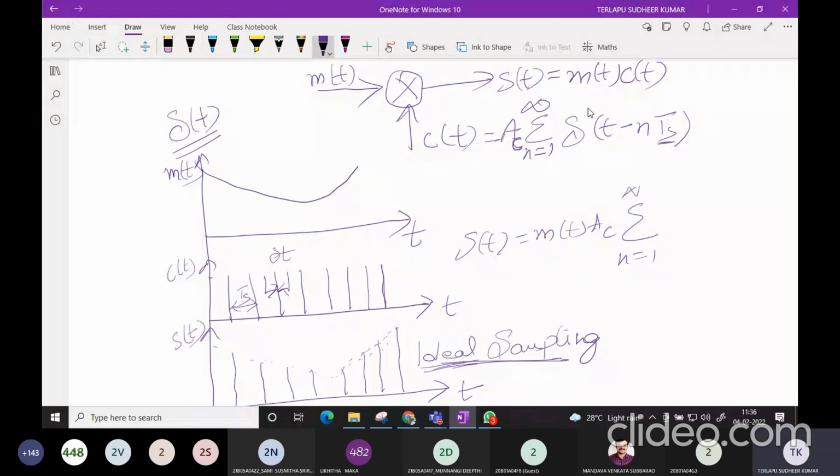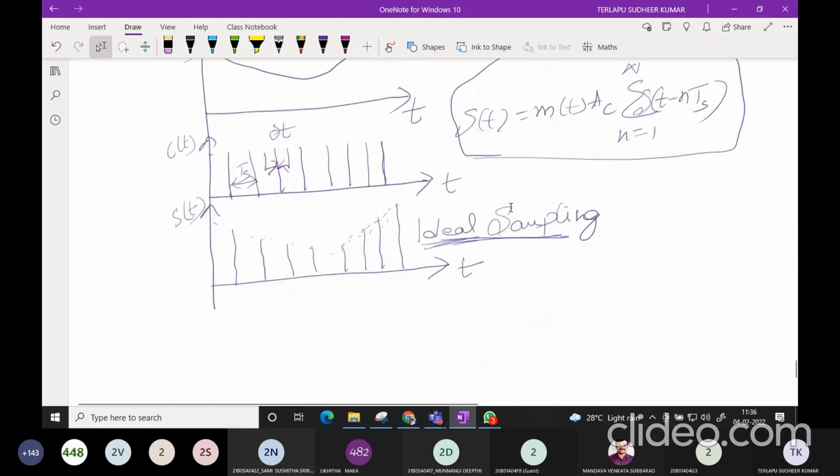I am simply multiplying M of t into C of t, where C of t is already defined as Ac sigma n running from 1 to infinity delta of t minus nTs. So this is my time domain expression for the output of the ideally sampled pulse amplitude modulated signal.